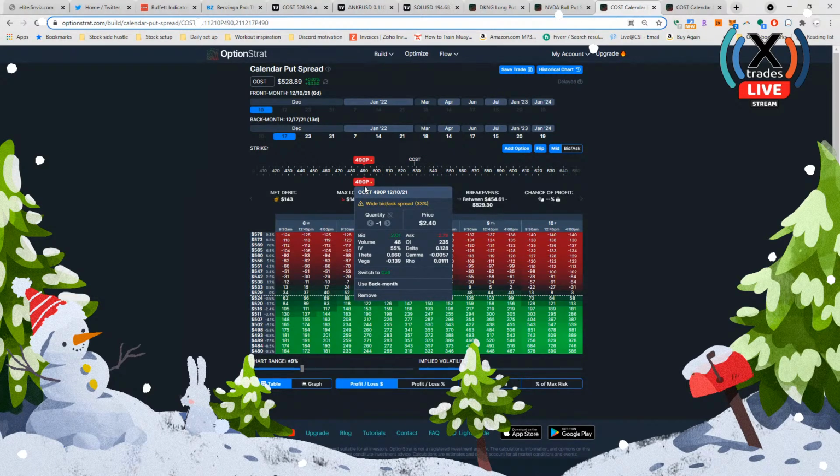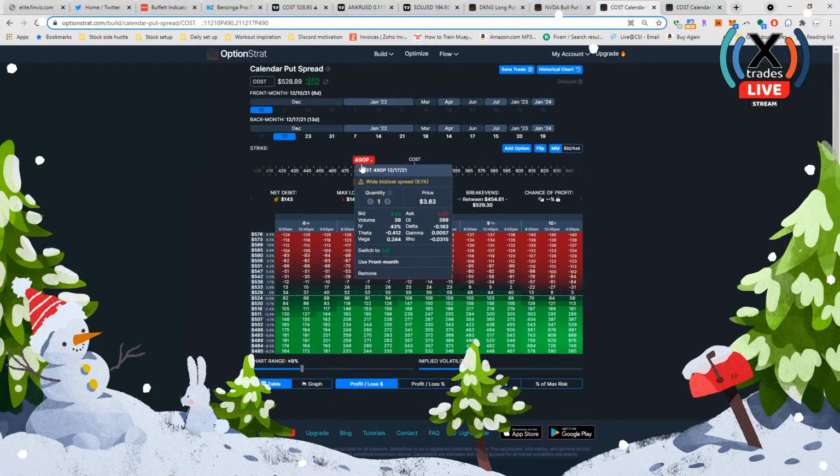As long as it moves in our direction, the other side of the contract is gonna cover it. So if it goes down to that 480 to $500 range, we'll make money. This is almost like a no-brainer.